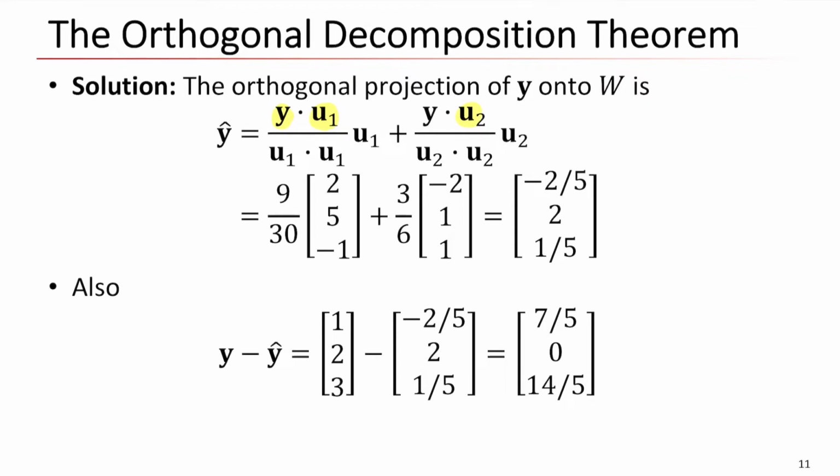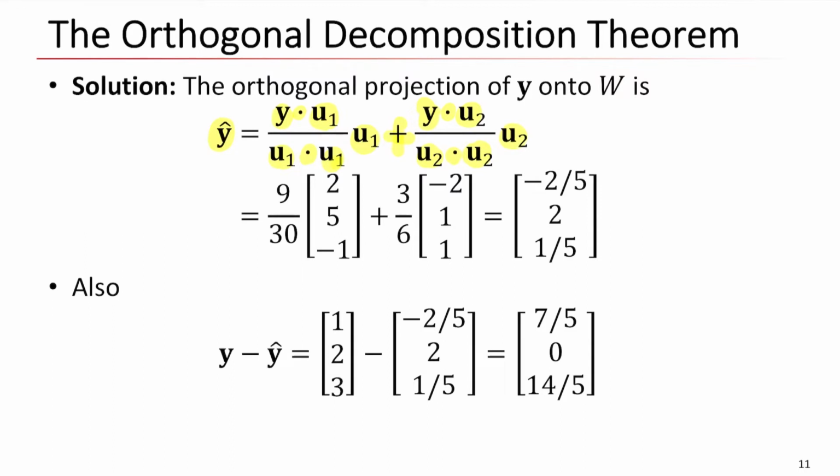So y hat is equal to the inner product of y and u1 over the inner product of u1 and u1, times u1, plus the inner product of y and u2 over the inner product of u2 and u2, times u2.